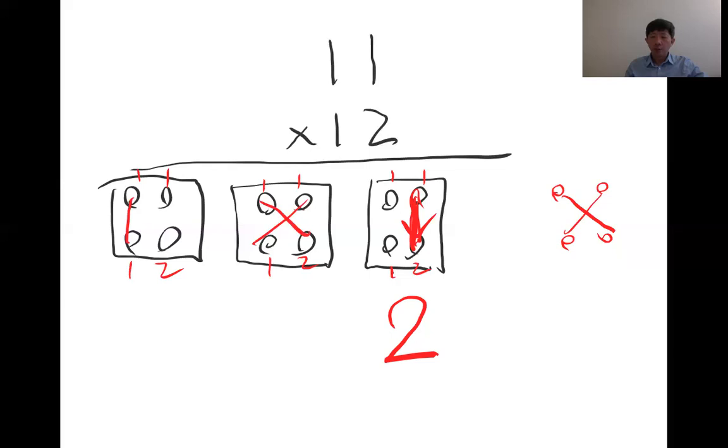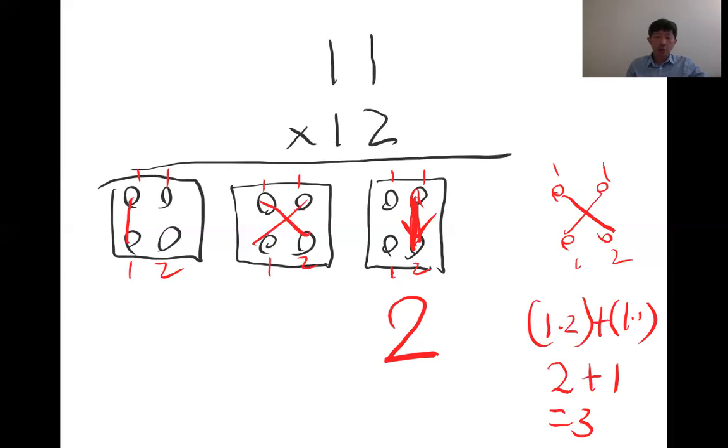Cross means you take 1 times 2, which is 2, plus 1 times 1, right? So 2 plus 1 is equal to 3. So the second digit is 3 here, right?